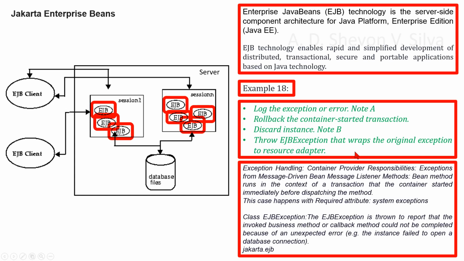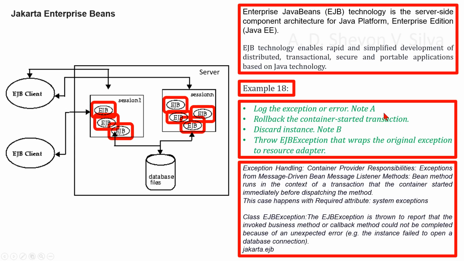Here you can see the container action. The EJBException is thrown to report that the invoked business method or callback method could not be completed because of an unexpected error, for example, the instance failed to open a database connection. This is in the package jakarta.ejb.